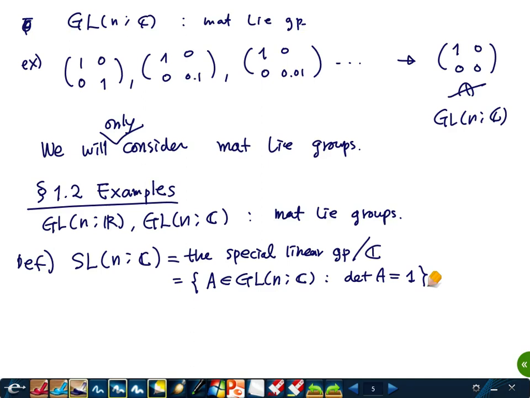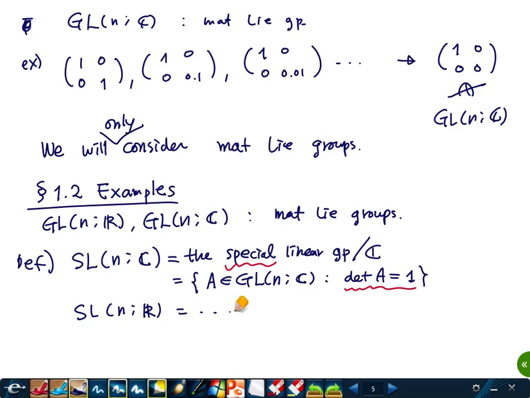When we say special something, it means determinant is 1. The general linear group means just invertible. Special linear means determinant 1. And of course, we can talk about the special linear group over R in the same way. I'm not going to write it down.